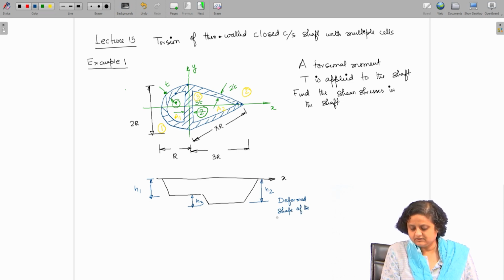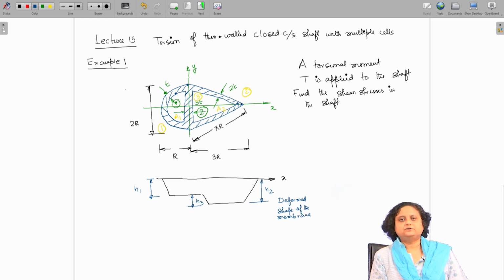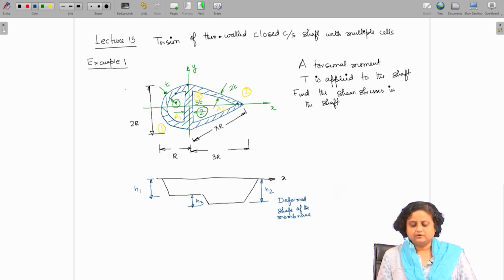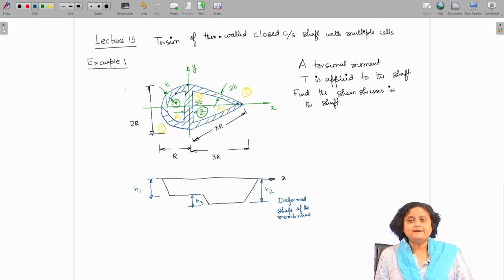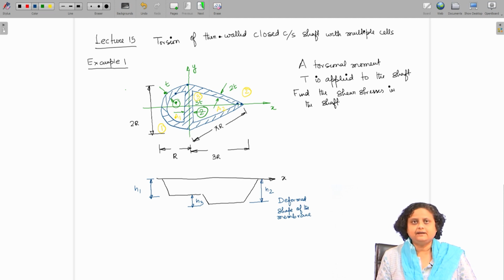I will not say analogous membrane all the time; the membrane means the analogous membrane. I have drawn this picture arbitrarily. I haven't made any assumptions or special considerations while drawing it.